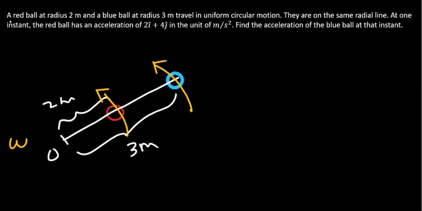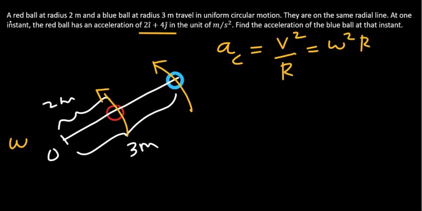Now we know the centripetal acceleration of that red ball, it's given by that. We can determine the magnitude of that centripetal acceleration. We know the centripetal acceleration is given by speed squared over radius, which in terms of angular speed is omega squared r. For the red ball, the magnitude of the centripetal acceleration can be evaluated quite simply.